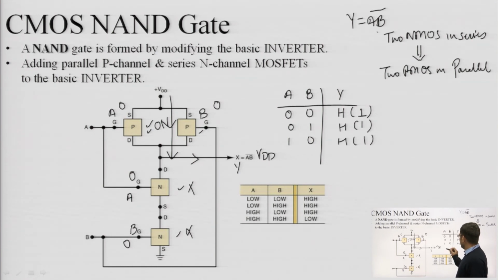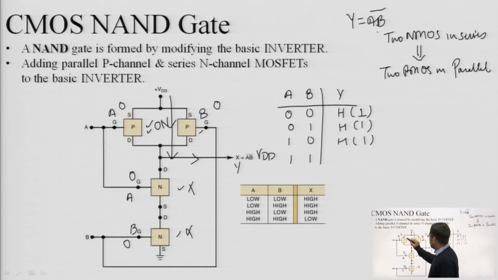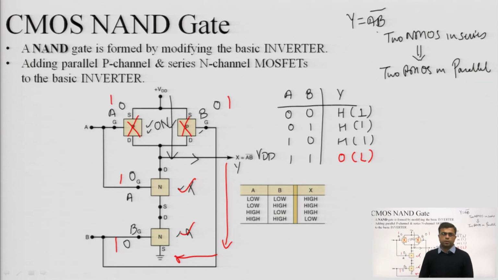But if both are high, then these two transistors will be off and both these transistors will be conducting. In that case, the output will be connected to ground, so this will be 0 or low. So this is the CMOS NAND gate operation.